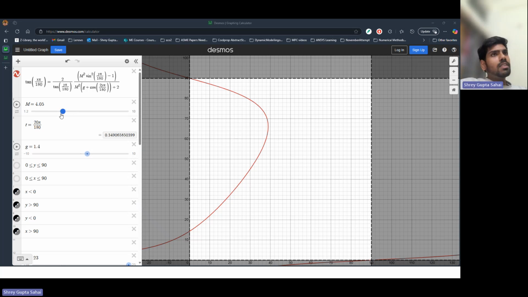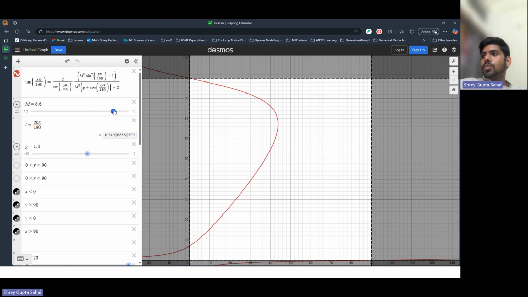Now, sine inverse is a one-to-one monotonic function. As M increases, 1 by M decreases. Sine inverse will also decrease. As Mach number increases, the beta value will decrease corresponding to this Mach wave. So you see, as Mach number M is increasing, this value is decreasing.